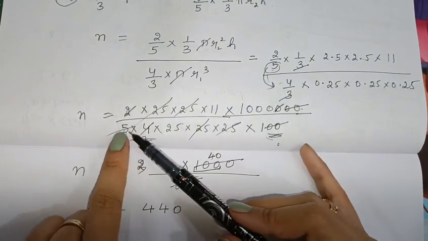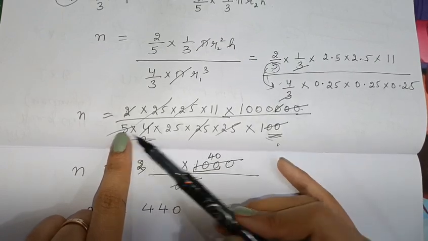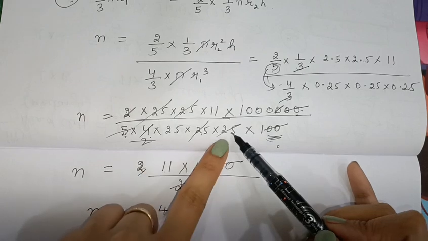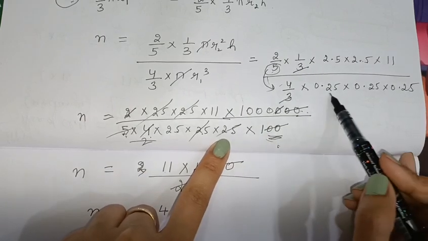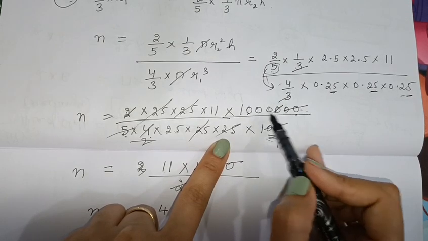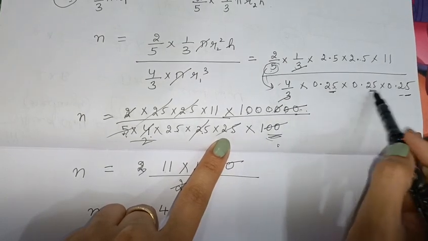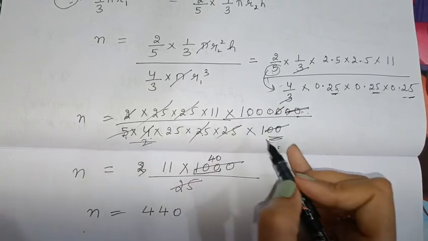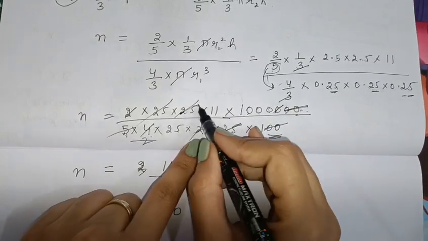So here what do I have? 5. This 5 came from here. 5 into 4 into 25. 3 times. 1, 2, 3. So here we removed decimal. So each has 2, 2. So I wrote 6 zeros here. 1, 2, 3, 4, 5, 6. Because 6 decimals we removed. 2 zeros got cancelled and 2 25s got cancelled with this.